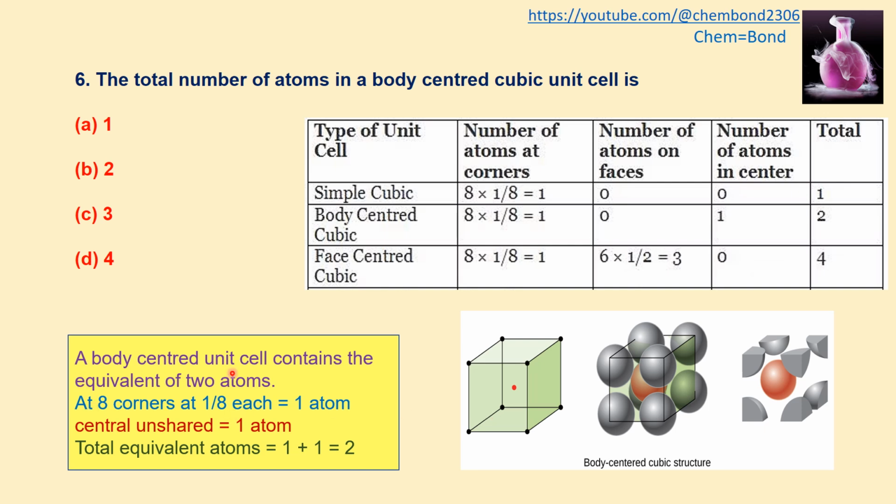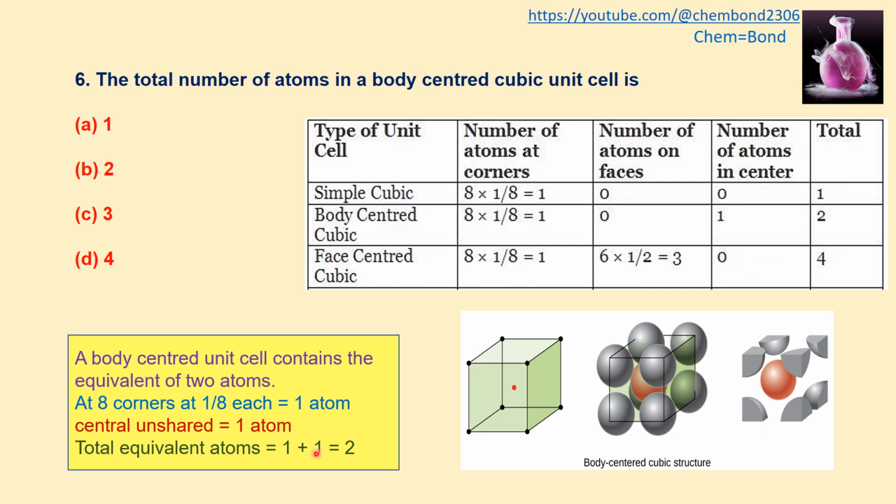A body centered unit cell contains the equivalent of 2 atoms. 8 corners at 1/8 each will have 1 atom. I have told you already that these have a ratio of 1/8, so 1/8 multiplied by 8 will produce 1 atom. The center is unshared, it is not shared by any other unit cell, so it will have 1 atom.